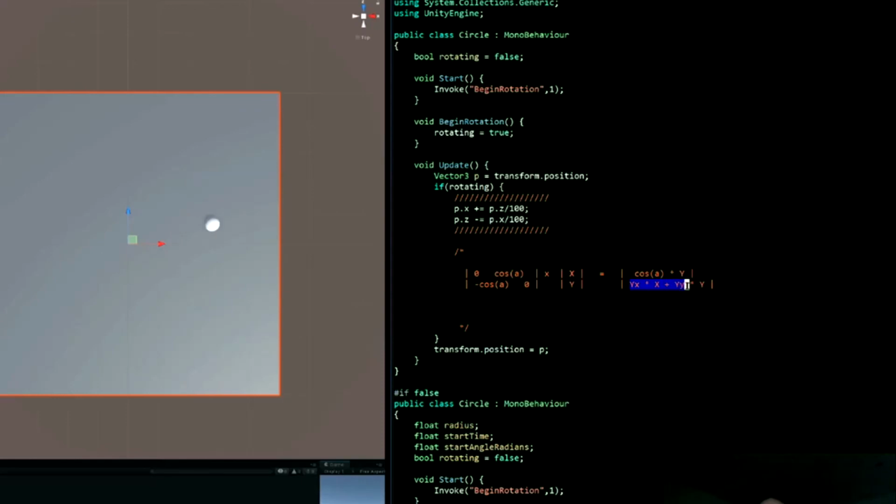Because those disappear, you actually get cosine A. Don't hold me 100% to the accuracy of the signs, or whether I've got cosine or sine or whatever. It's not the point. The point is the principle, so you can see where it comes from.